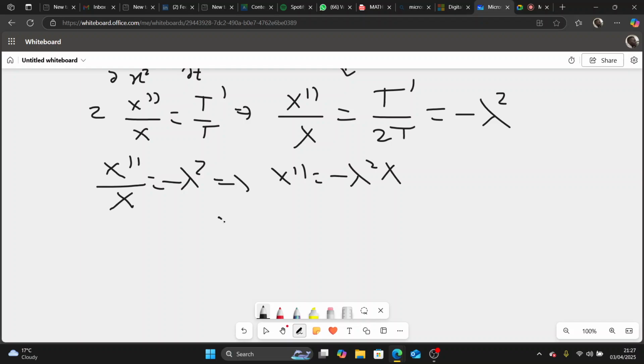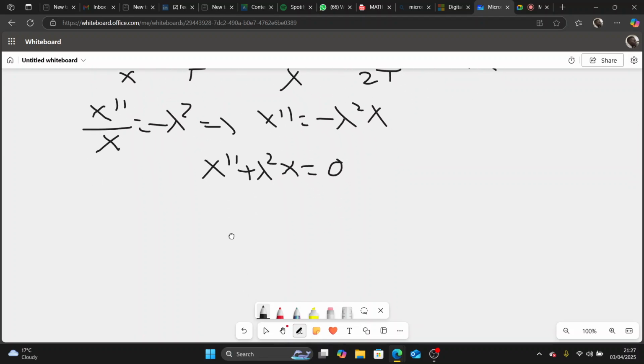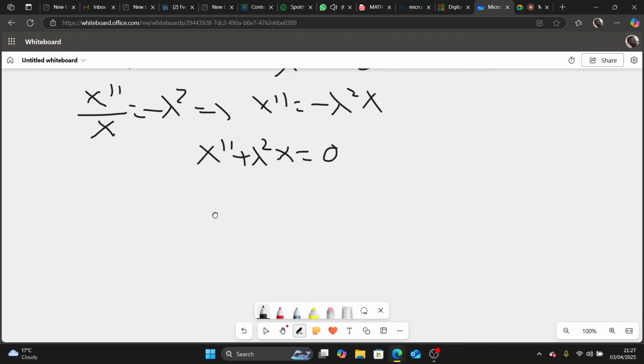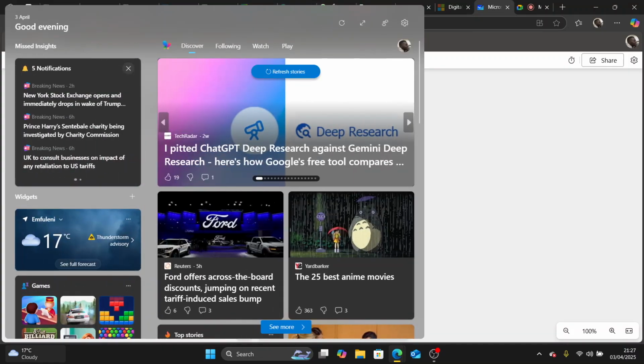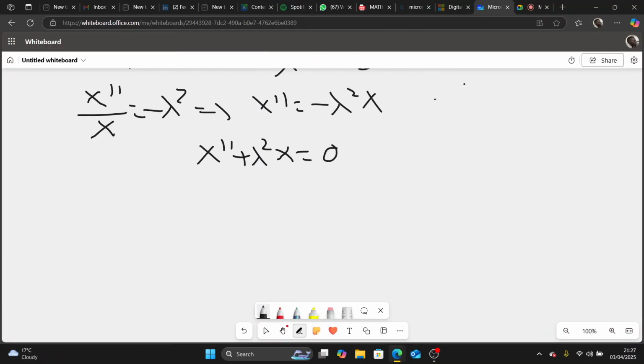I can also rewrite it like this: X second plus lambda square X to be equal to 0. Remember, when you start solving ODEs, you have what we call the general solution, what we call the complementary function.